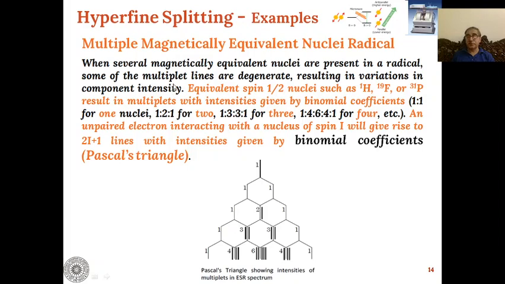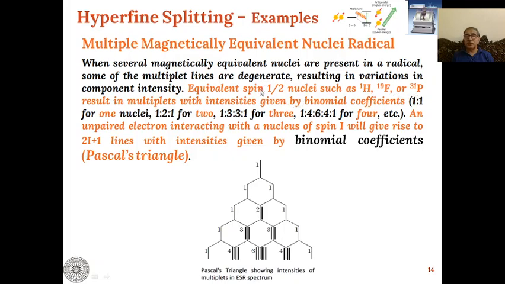That means the value of n is 4, and we know I is 1/2. So if we substitute the values in 2nI plus 1, it comes out to be 5 lines which will be there in the spectrum. So that is why the spectrum of benzoquinone radical anion has 5 spectral lines, and the relative intensity of these is 1:4:6:4:1. Why these intensities are in this ratio, we will discuss in the next slides.